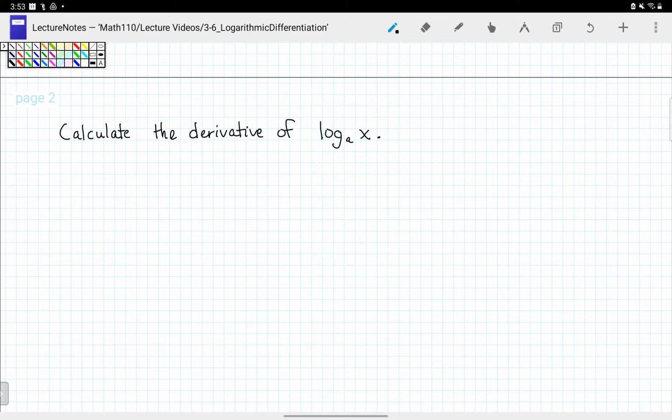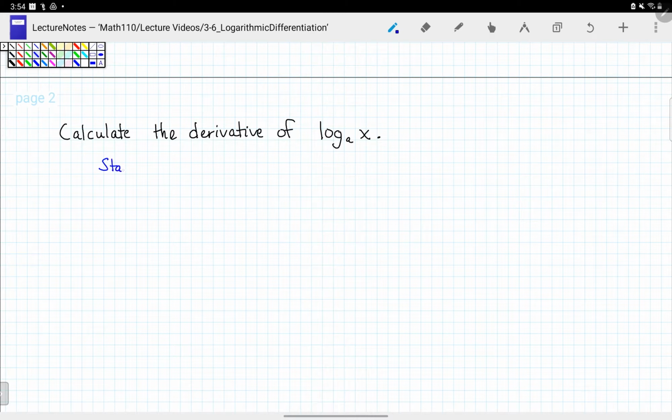In the previous video, we calculated the derivative of log base a in general, and then said, well, if the base is e, then the derivative of the natural logarithm is this thing. And so I'm going to go the other direction and start with the specific case where you're doing base e, and then use that to get the general case.